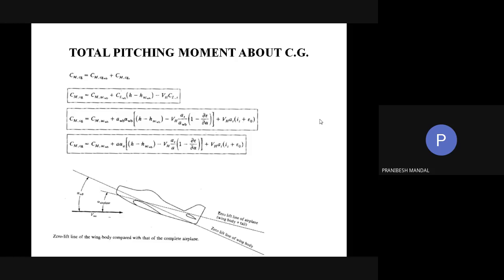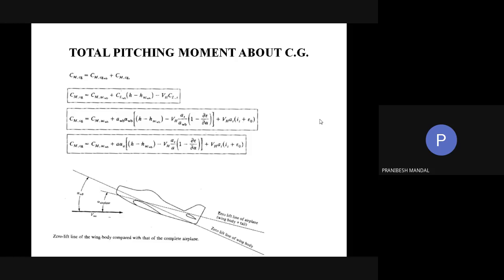Now you see, what are your requirements? CM0 is positive, right? Sir. So what will be the value of CM0 from this equation?